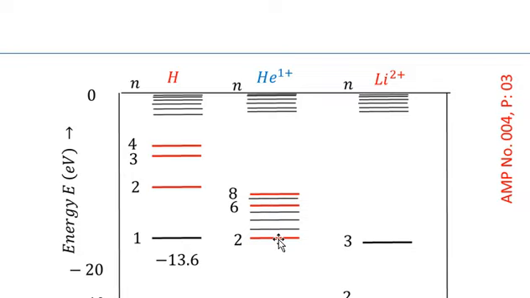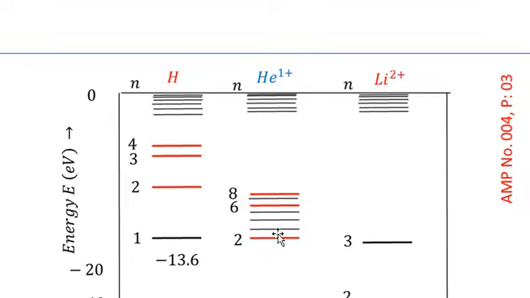Similarly, the difference in energy between level number 2 and level number 8 of the helium singly ionized atom is the same as the difference between level number 2 and level number 4 of the hydrogen atom.